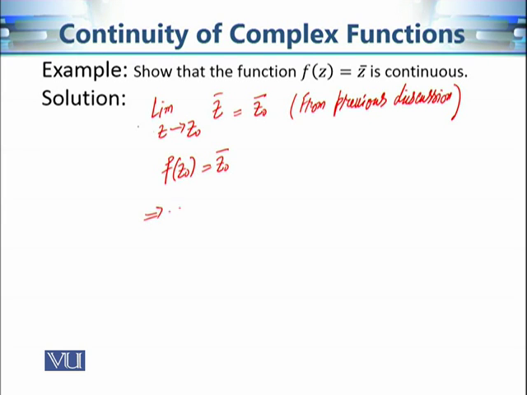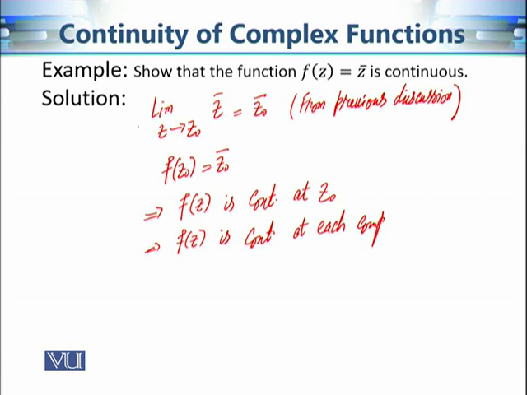So that's why this function f of z is continuous at z0. Now this z0 is just an arbitrary point of the complex plane. So we can say that the function is continuous everywhere, at each complex number.